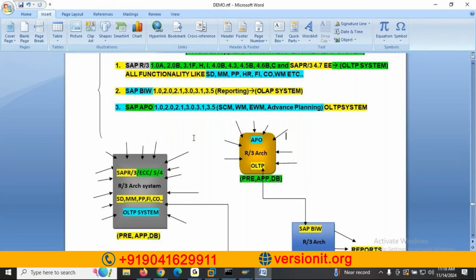What system, guys? BIW system, and it stands for Business Information Warehouse. What does it stand for, guys? Business Information Warehouse.